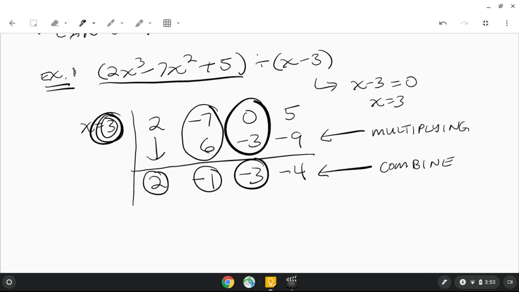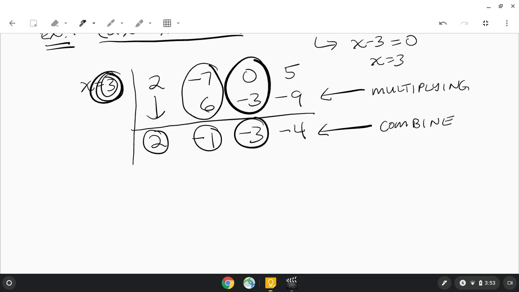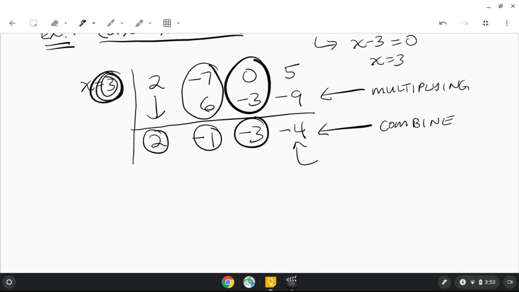And so what happens is you end up with these numbers, 2, -1, -3, -4. And it turns out this number here at the very end is always your remainder.